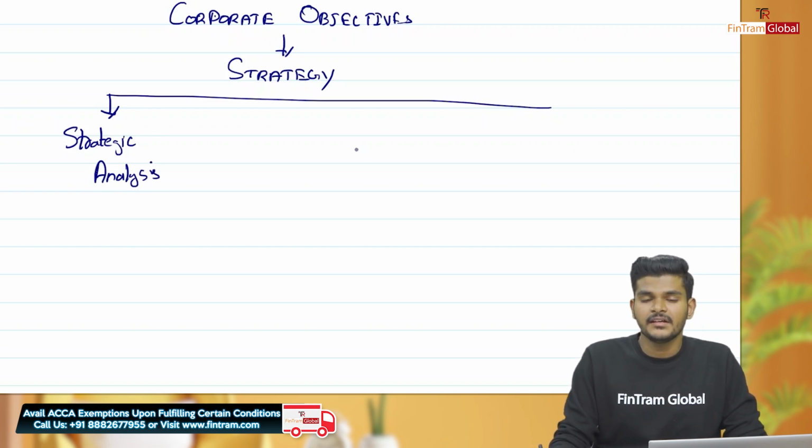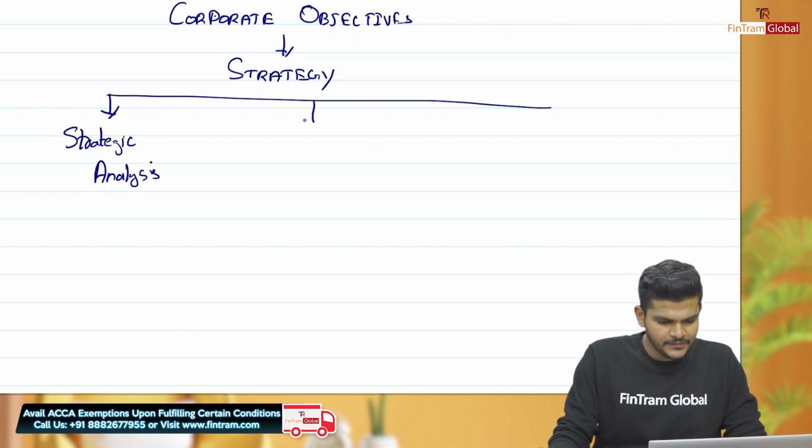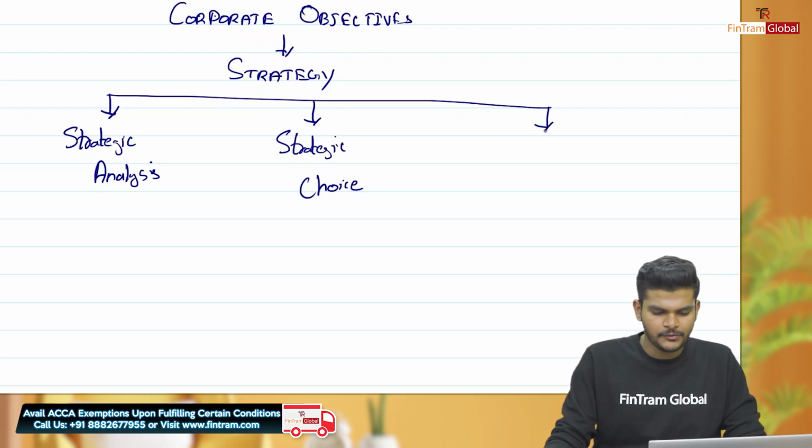After that we have to make a choice, strategic choice, and finally we have to implement it. So strategy implementation.